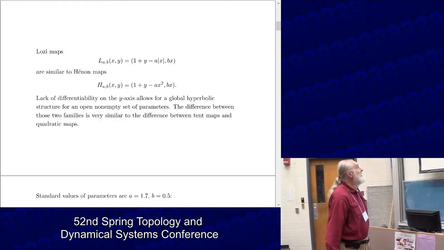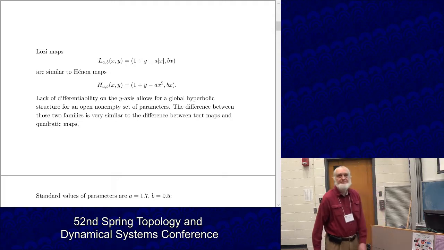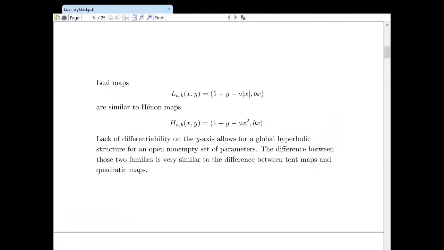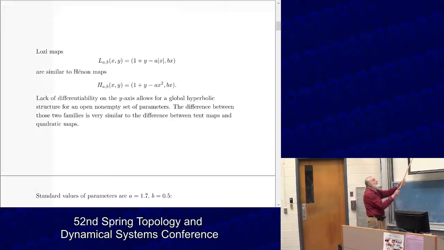So what are lossy maps? So this is the formula for Hénon maps. And these are very well-known maps.